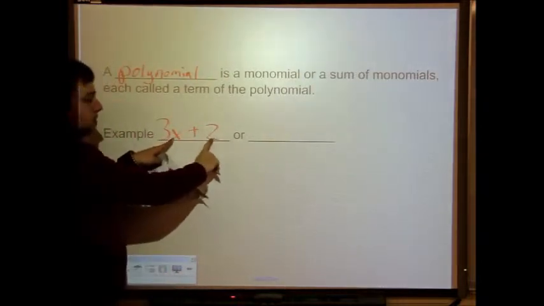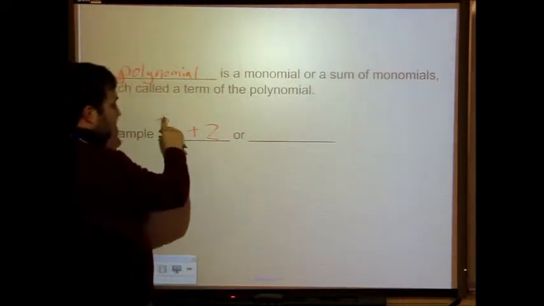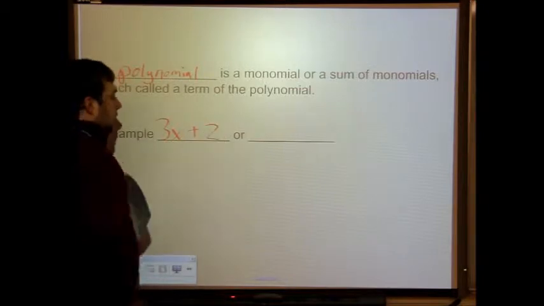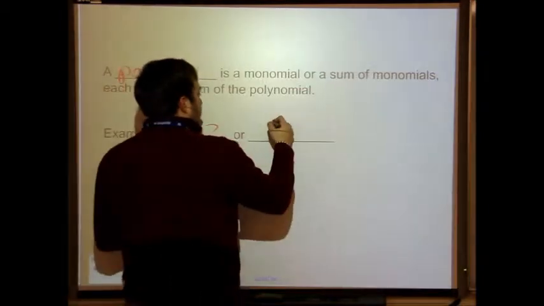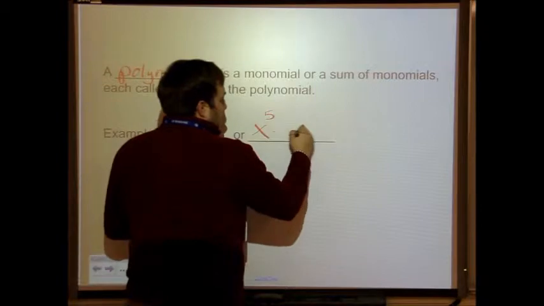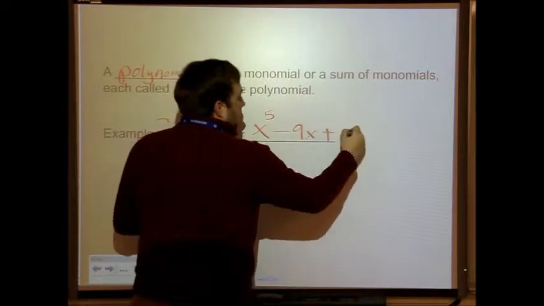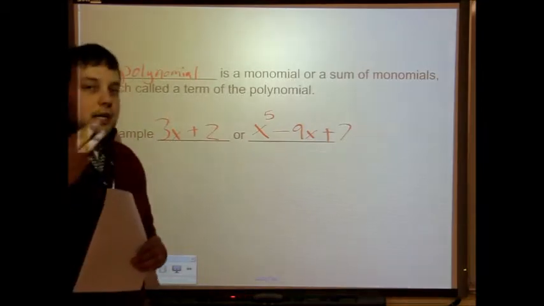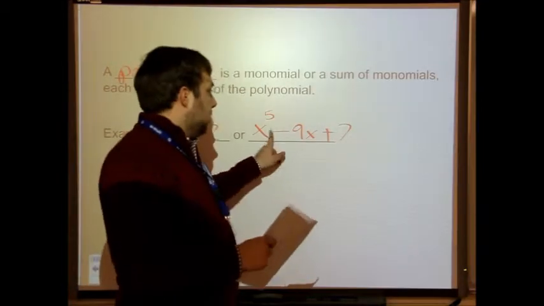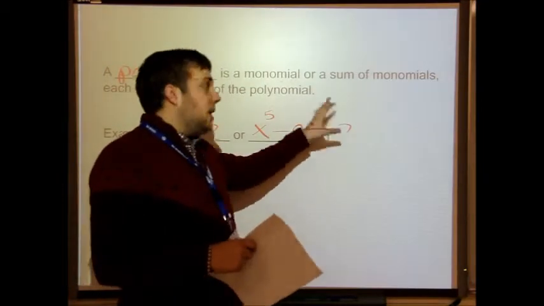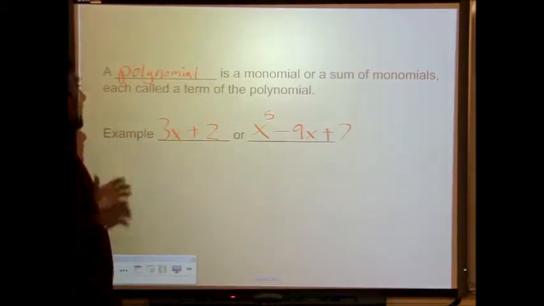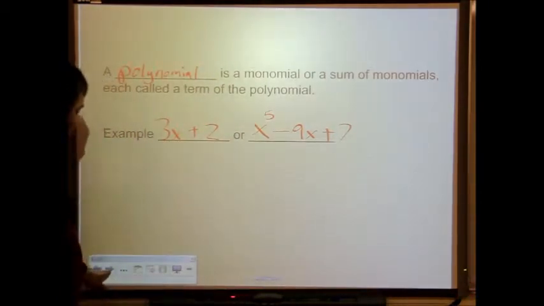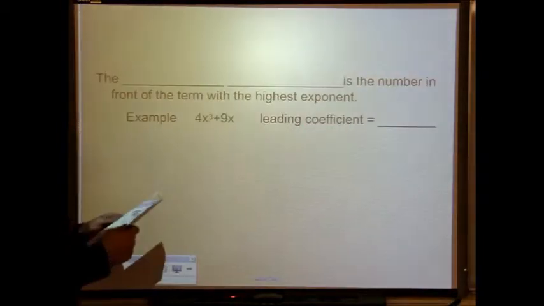This has 2 terms. 1, 2. Or let's say x to the 5th minus 9x plus 7. That would be 3. 1, 2, 3. So poly means it could be many types, not just one term.